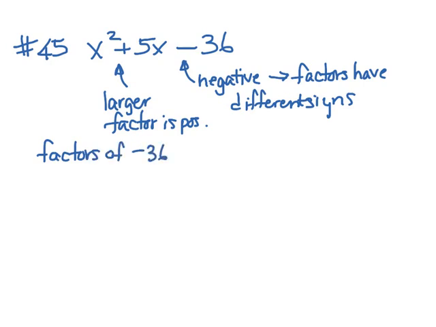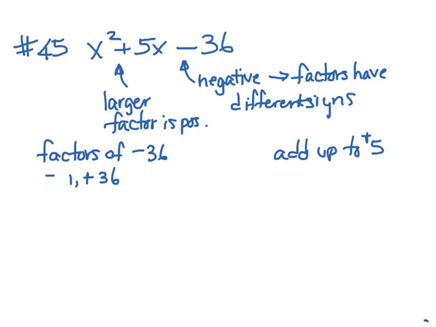negative 36, and they have to add up to positive 5, right? Okay, so factors of negative 36, I'm going to have negative 1 and positive 36, because I know that my larger factor is positive.